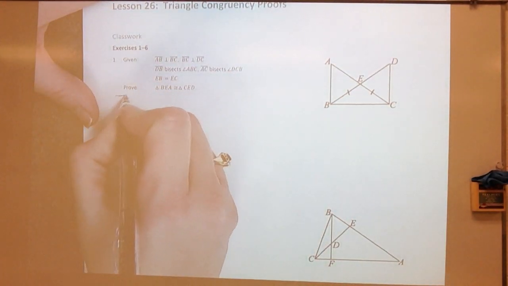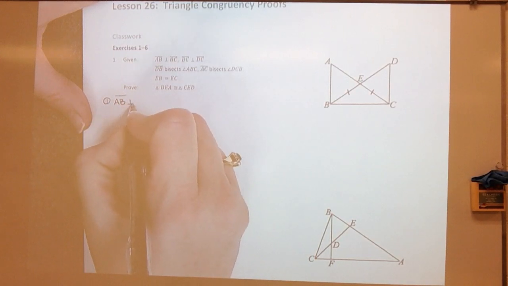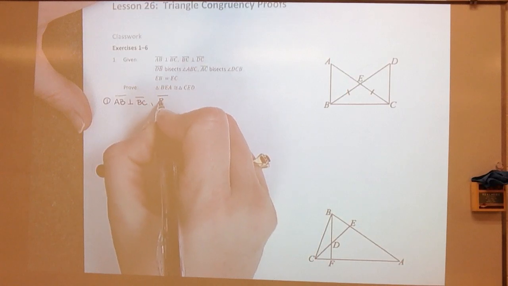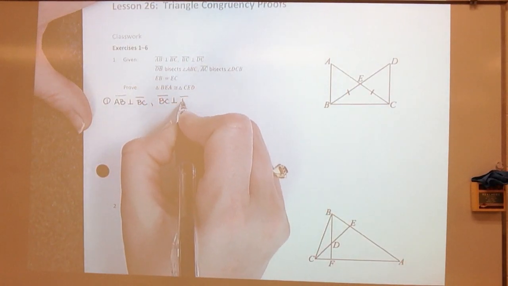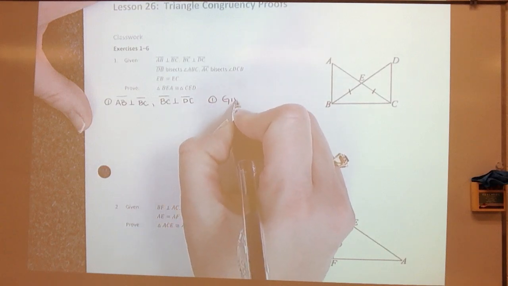We're going to deal with our perpendicular lines first. So step number 1: segment AB is perpendicular to segment BC, and segment BC is perpendicular to segment DC. And that is given.